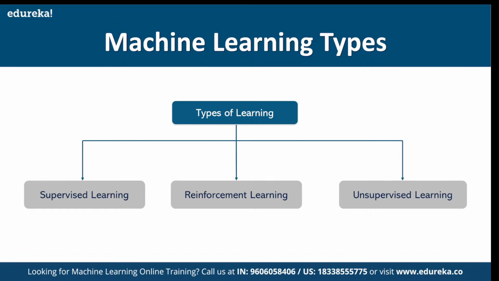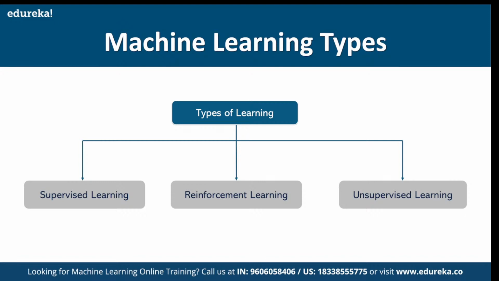Now, what is reinforcement learning? This is totally different from supervised and unsupervised learning. Reinforcement learning is mostly the kind of learning which happens when you learn from an environment. You have a particular action to be performed, and a particular entity who is going to perform the action, and the entity will learn from its surroundings and understand whether that action has been correctly performed or not.